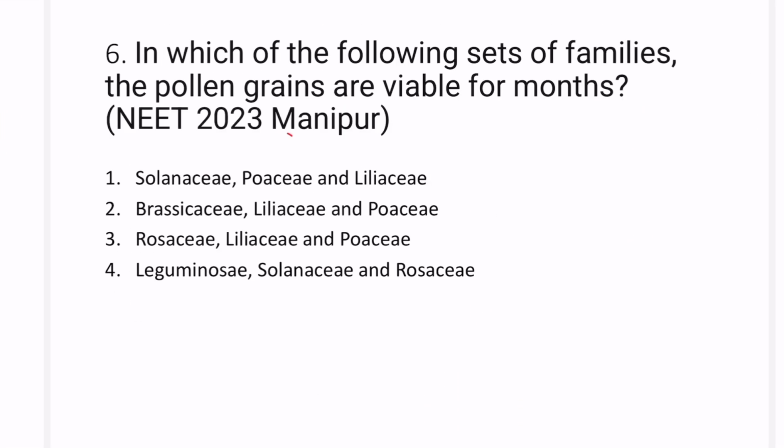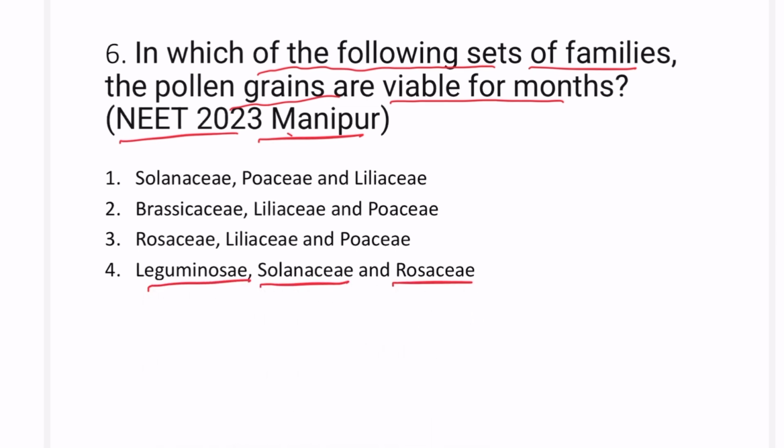This is the question from NEET 2023 Manipur paper. And the question says, in which of the following sets of families the pollen grains are viable for months together? The answer is Leguminosae, Solanaceae, and Rosaceae. In these, pollen grains are viable up to months together.